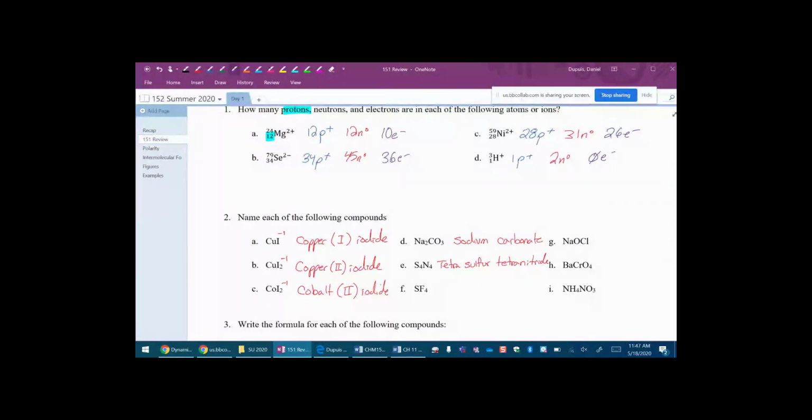And if we remember our prefix, mono, di, tri, tetra, penta, hexa, hepta, octa, nona, and deca. There are more, but we're going to stop there.